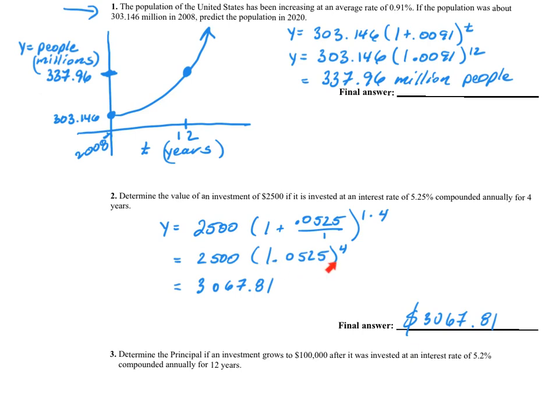So, simplified, 1.0525 comes out of this mess, all to the exponent of 4. Dump that in your calculator, and then multiply that amount by your 2,500 last, and we end up with $3,067.81.